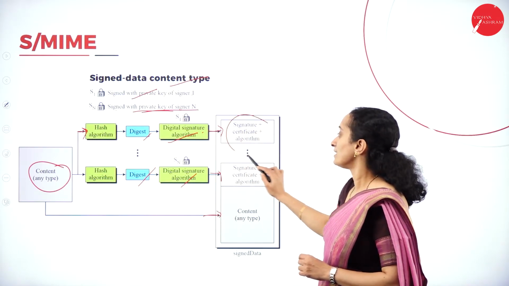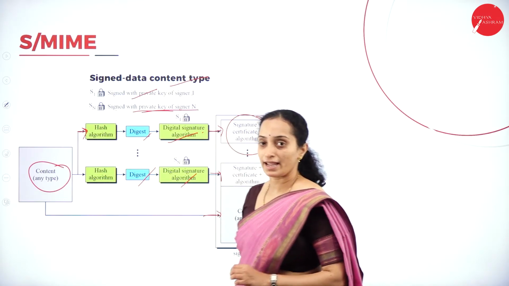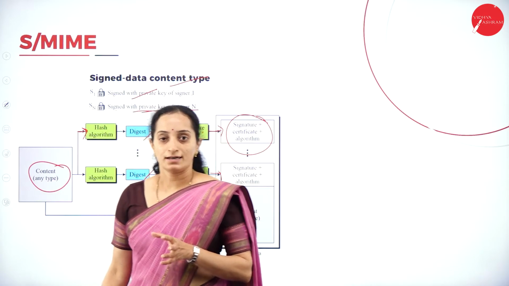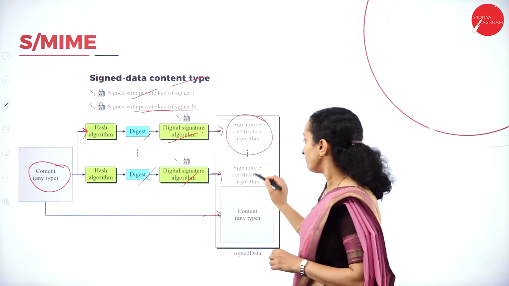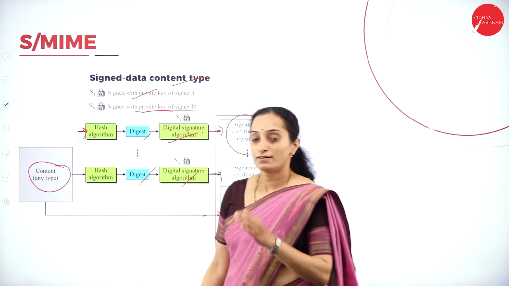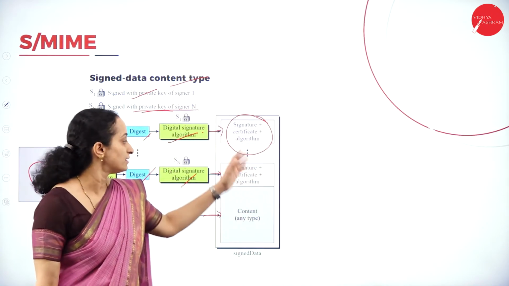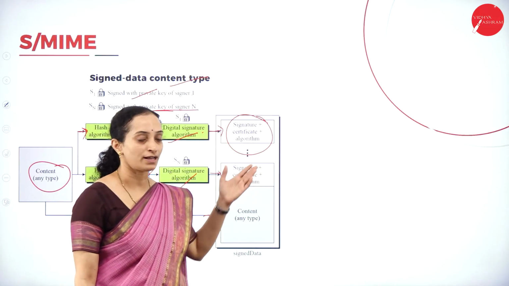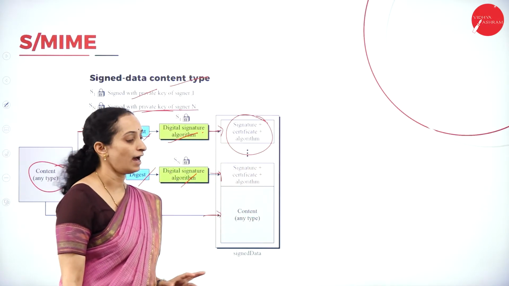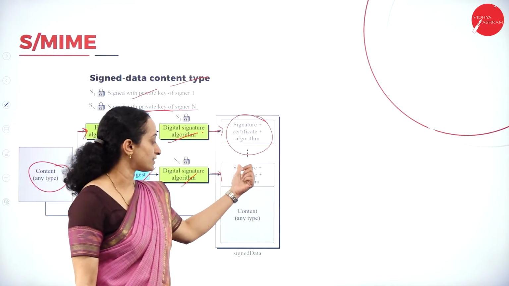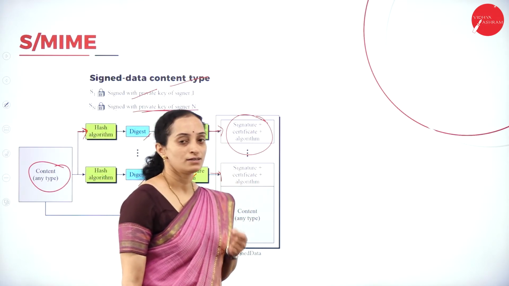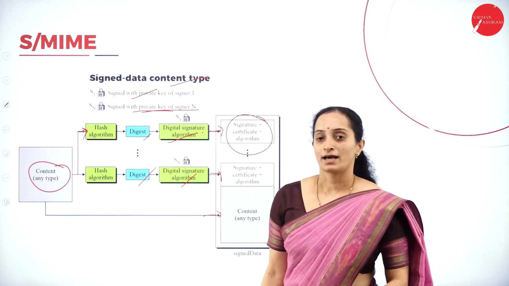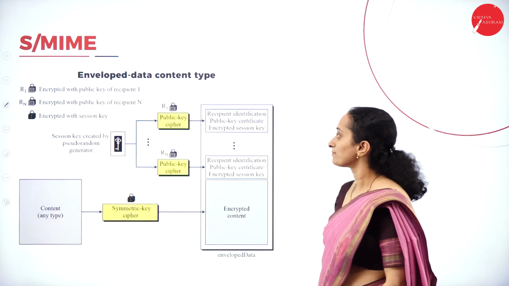Here we have signature plus certificate plus the data will be added. We will have a set of packets that are signed and having an authentication certificate of the receiver. So it will have the contents and the signature and the certificate, which will be applied with the corresponding algorithms.